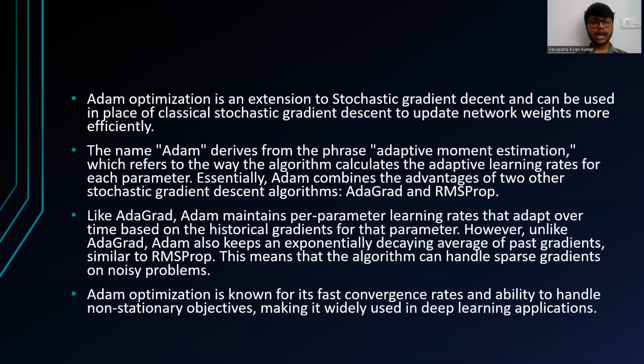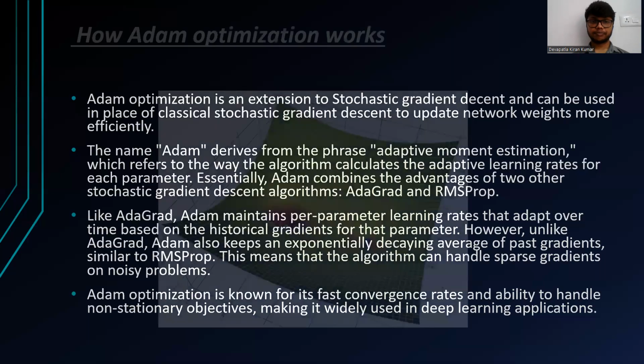The Adam optimization algorithm is known for its fast convergence rate and its ability to handle non-stationary objectives, which cannot be done by the AdaGrad optimization algorithm, making it widely used in deep learning applications.